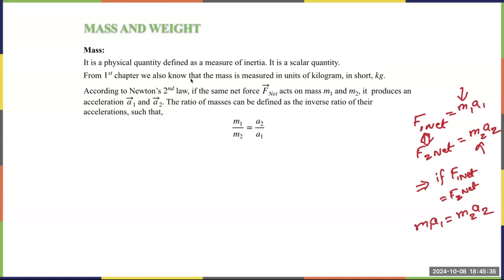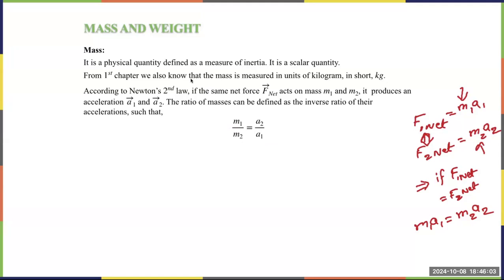So now, if the masses of the two objects are given, and only the acceleration of the first object is given, then you can find the acceleration of the second object if the same force is applied. By knowing this ratio, we can always calculate the acceleration of the second object.